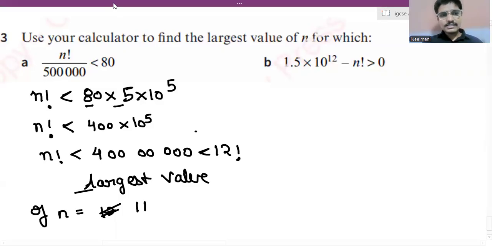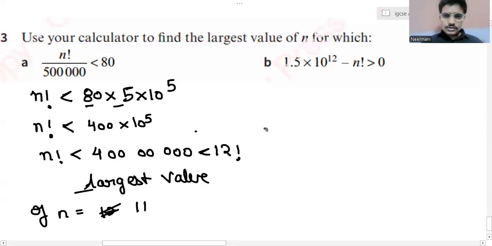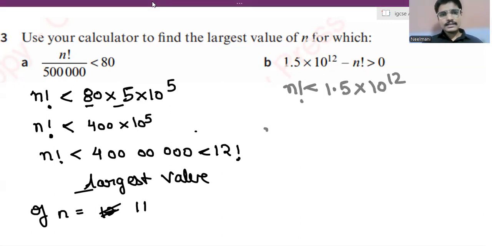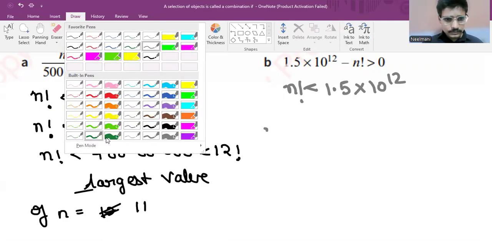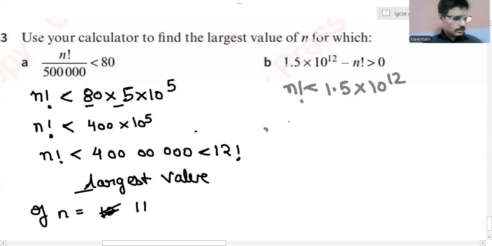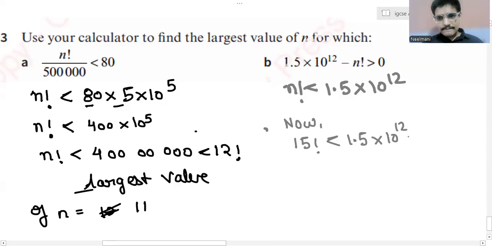Right? Okay. Now, when we talk about sum B, it works almost the same way. Just see this. In this one, what is happening here? You are saying n factorial should be less than 1.5 into 10 to the power 12. Correct? Now, if you calculate, you will know that 15 factorial is less than 1.5 into 10 to the power 12, which in turn is less than 16 factorial.